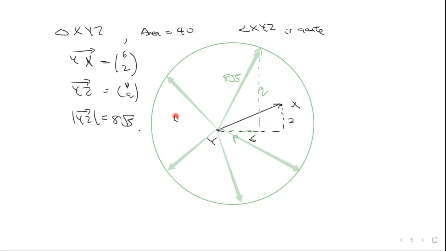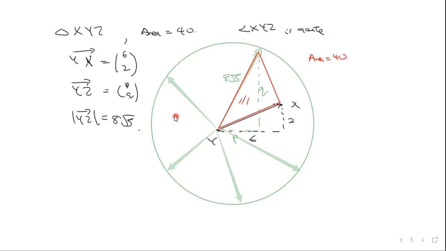Now, wherever Z is, the third thing we know is that area equals 40. So there's all sorts of possibilities for where Z could be, and we now need to consider this area.